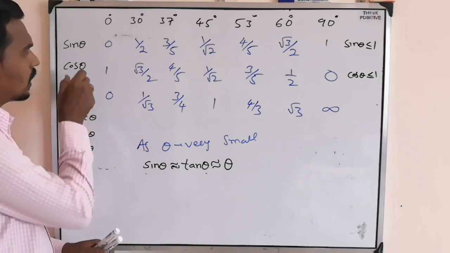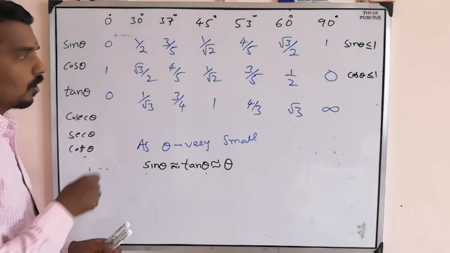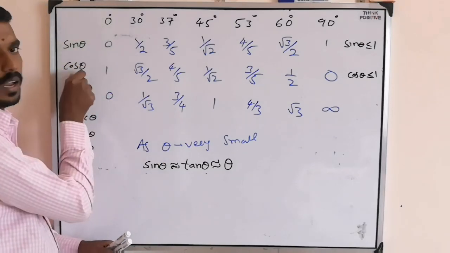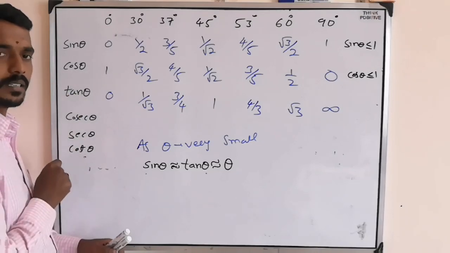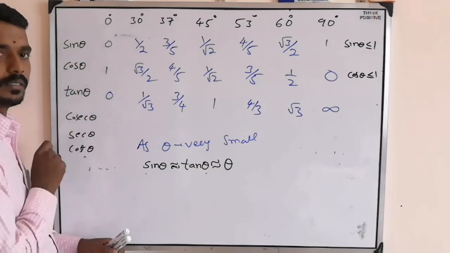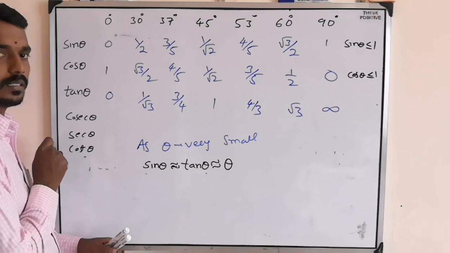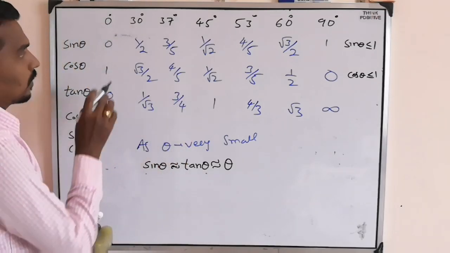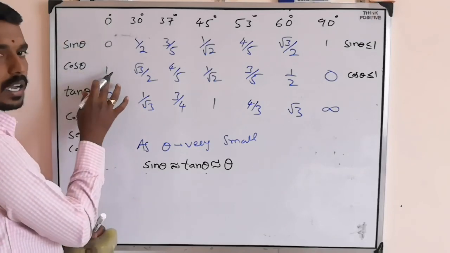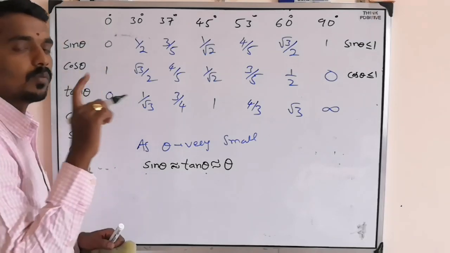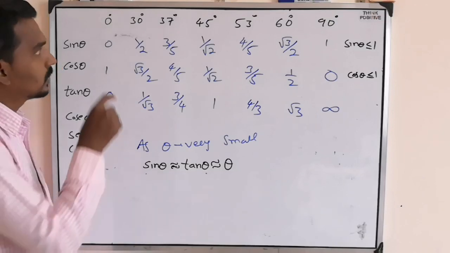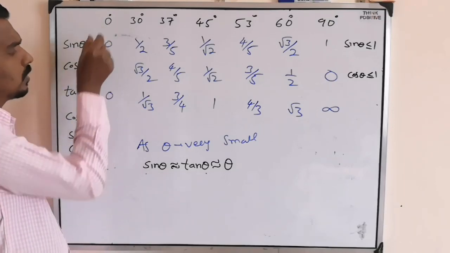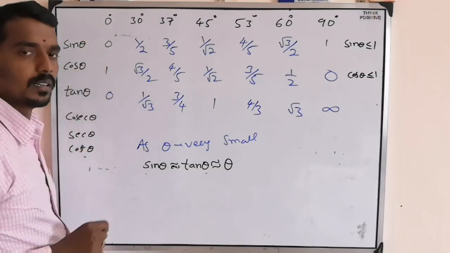Now for this condition, what about cos theta? Theta is very small means cos theta is approximately how much? 1. Theta is very small, like 0. Cos 0 is how much? 1.